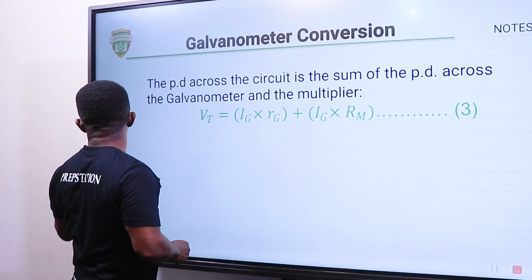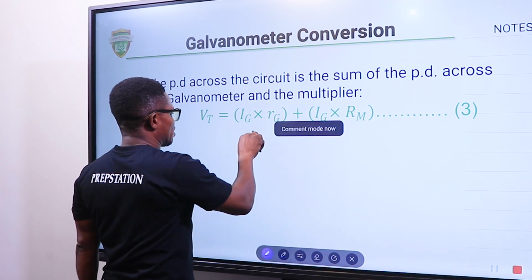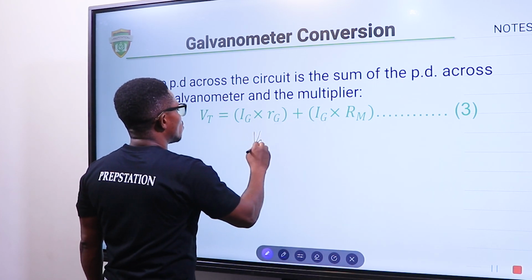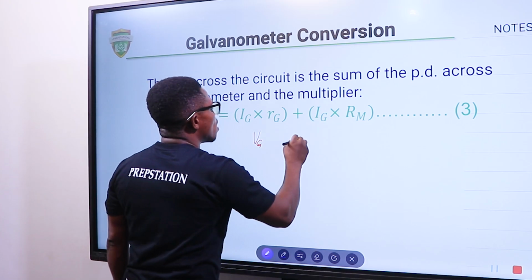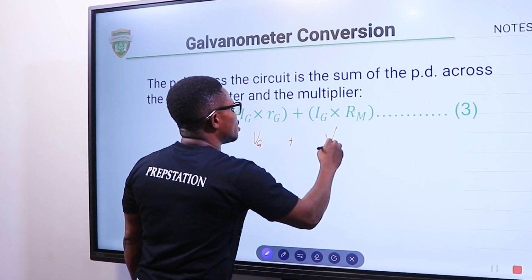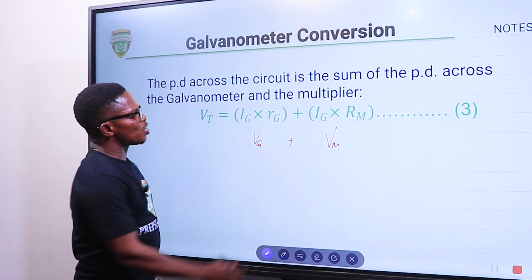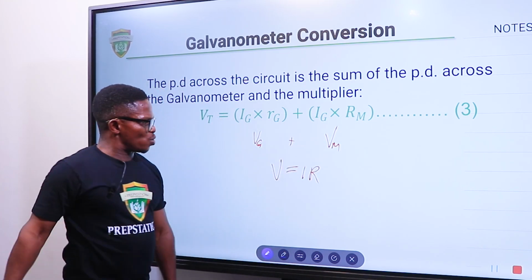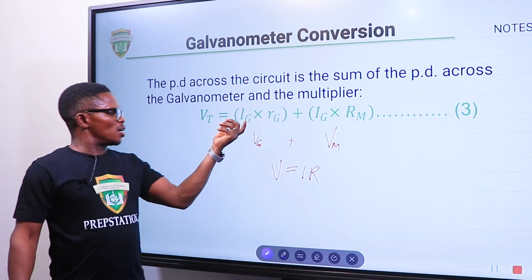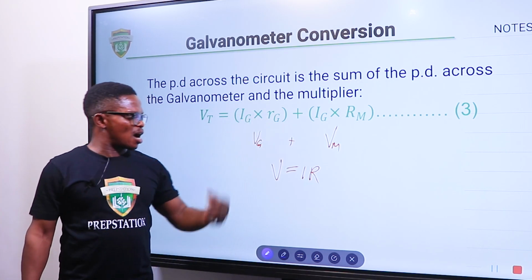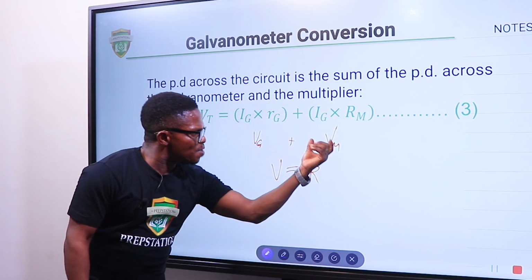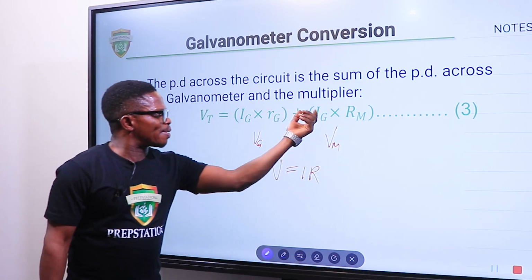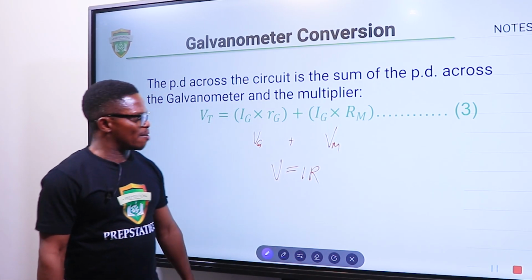So what we have here is VG, voltage in the galvanometer, plus voltage in the multiplier. And according to Ohm's law, V is equal to IR. So if I'm looking for VG, all I need to do is to multiply IG by RG. If I'm looking for VM, all I need is to multiply IG by RM.